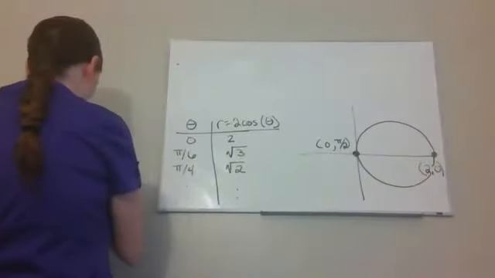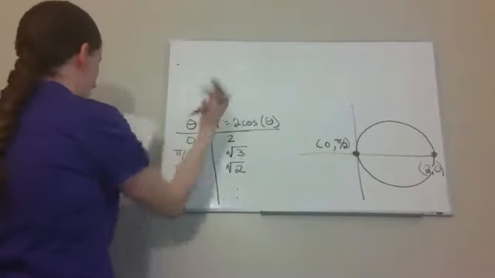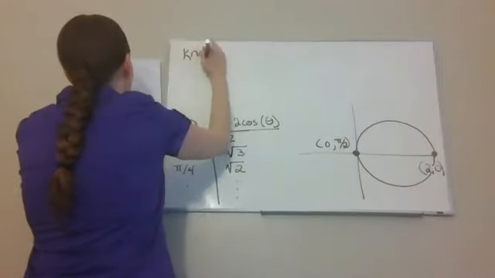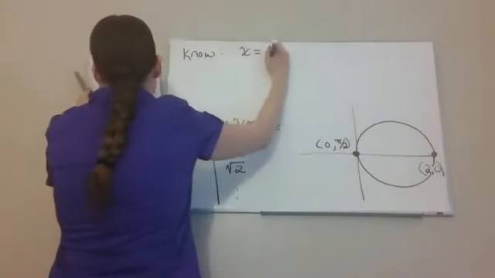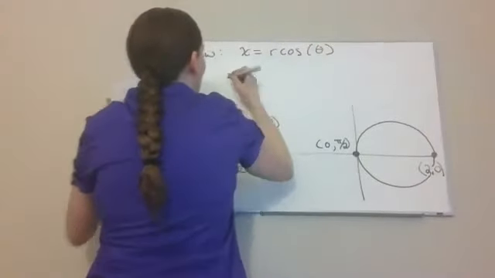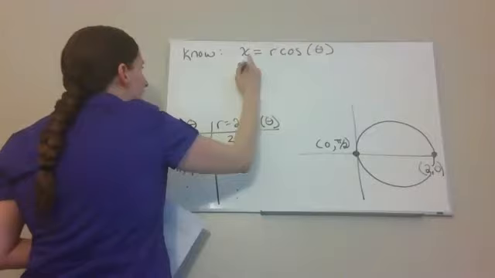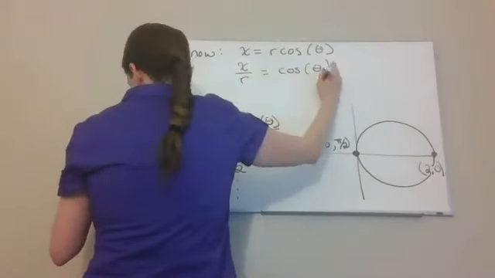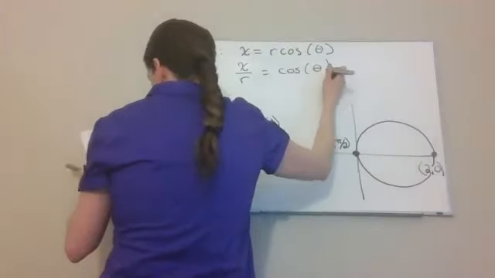To find the Cartesian equation, remember that we know that x is r cosine of theta. So I know for a fact that x over r is equal to cosine of theta.